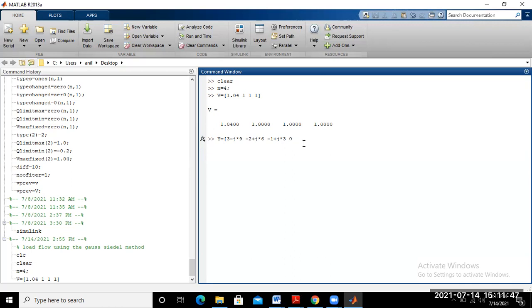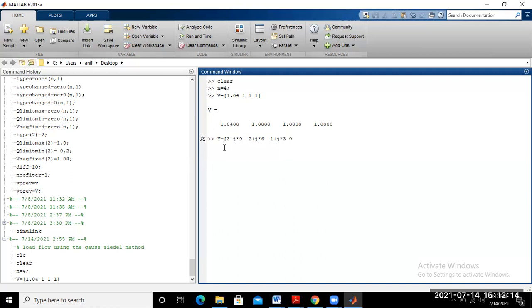I have already explained the diagram of this system in the previous class, which buses are connected to each other, and the impedance of the transmission line between bus number 1 and 2, bus number 2 and 3, and bus number 3 and 4. So all the parameters were explained in the previous class. Just I tried to start here from writing a MATLAB program.